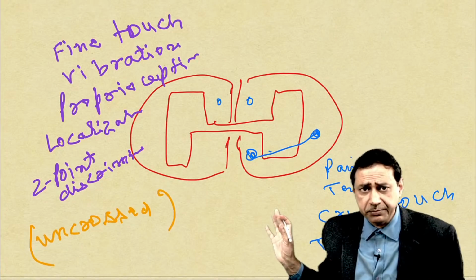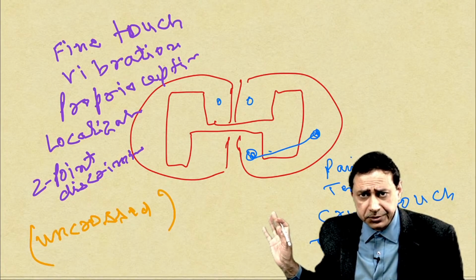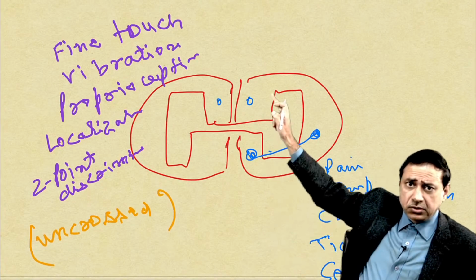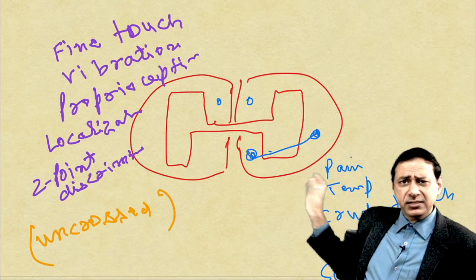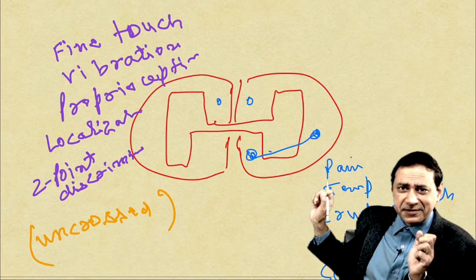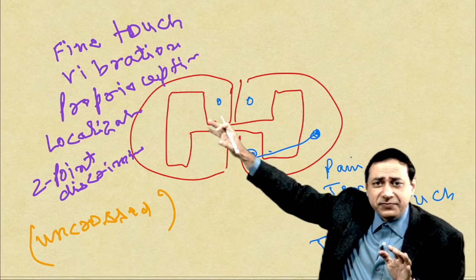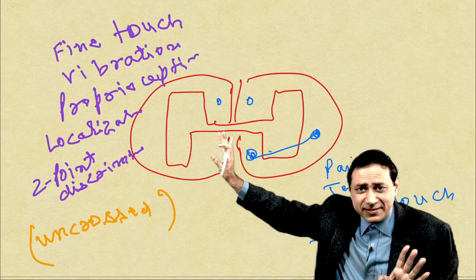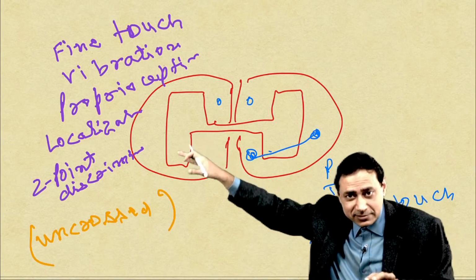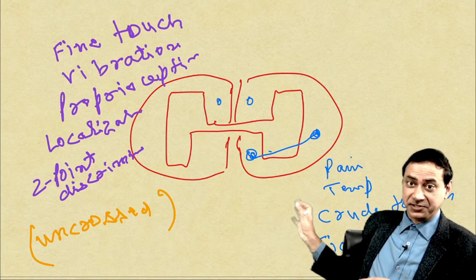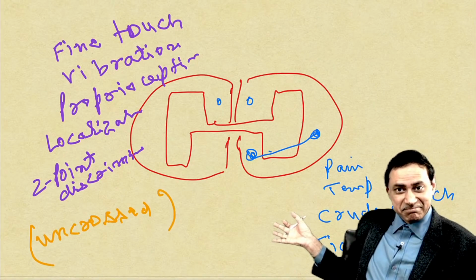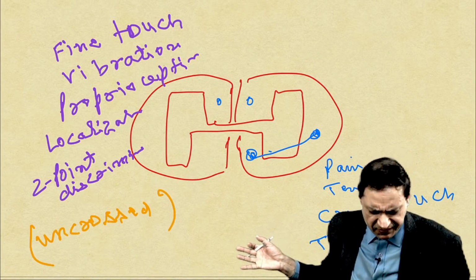Somehow you try to remember this. Dorsal column, anterolateral. Anterolateral is mainly for pain and temperature. All these are modifications of touch, you can say. Touch and their brothers. And this is pain and temperature, different modalities. Okay?